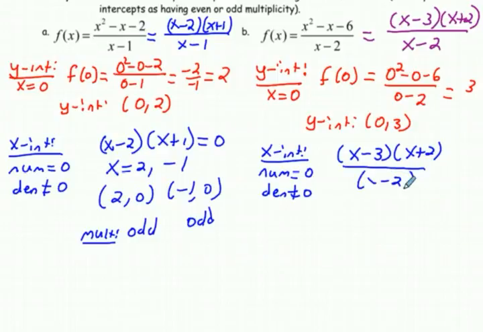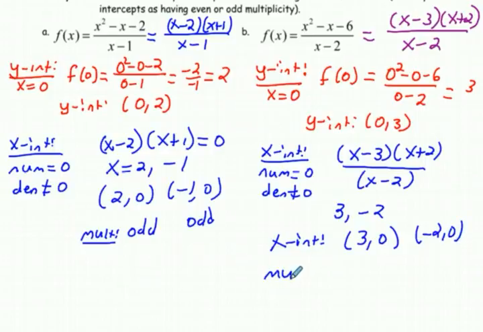By the zero product property, the values that make the numerator 0 are 3 and negative 2. So my x-intercepts as ordered pairs are (3, 0) and (negative 2, 0).